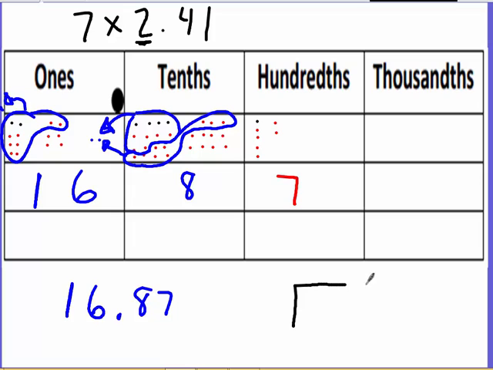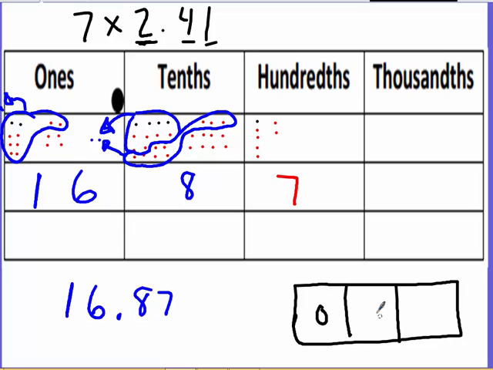Okay, so let's use this area model to verify our answer. I start out with that big rectangle, breaking up into 1s, 10s, hundreds, 1s, 10s, and hundreds. It's 7 long.